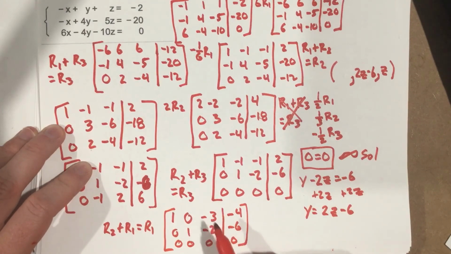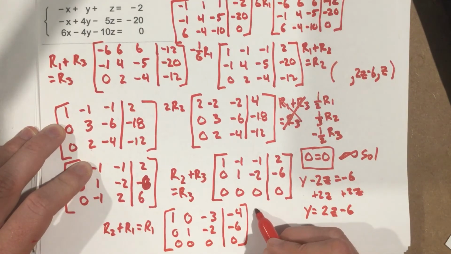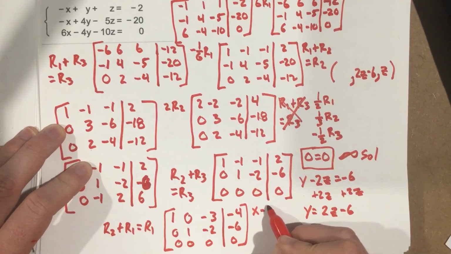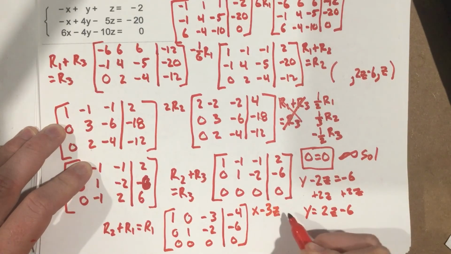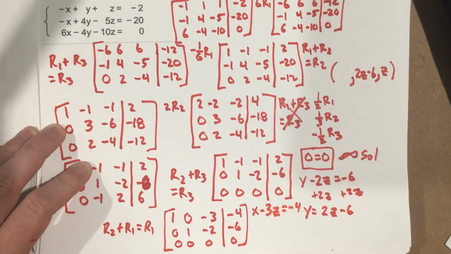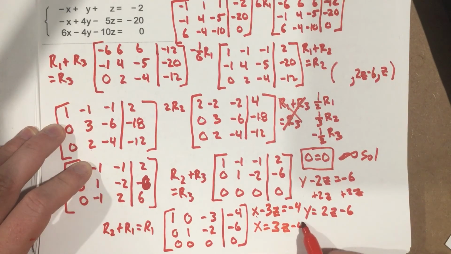So we're going to now take this top row and write it as x minus 3z equals -4. And this is now going to be x in terms of z. We're going to add the 3z over, and we're going to say x equals 3z minus 4.